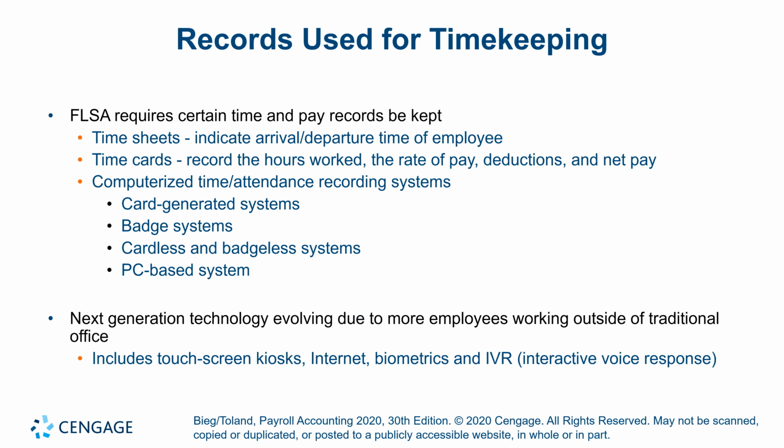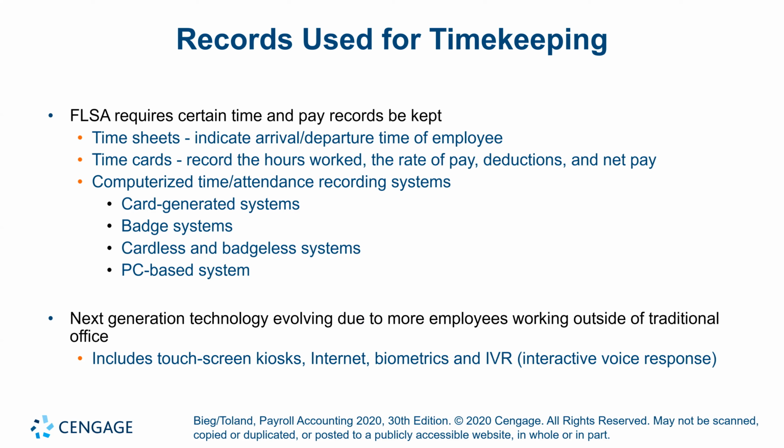All right, some of the records used for timekeeping. The Fair Labor Standards Act requires certain time and pay records to be kept. So time sheets indicate the arrival and departure time of employees. The ones we've gotten practice with show morning hours in and out, and then afternoon hours in and out.